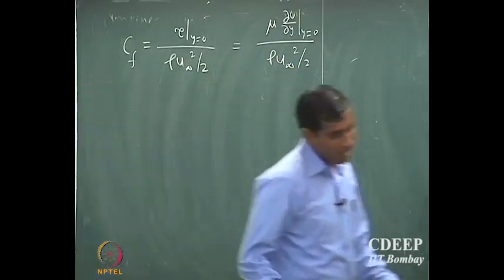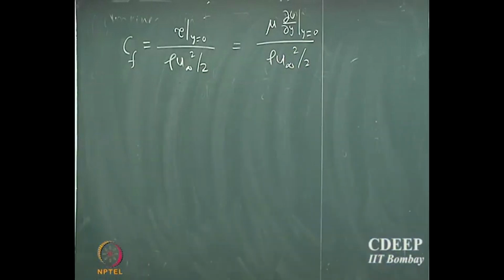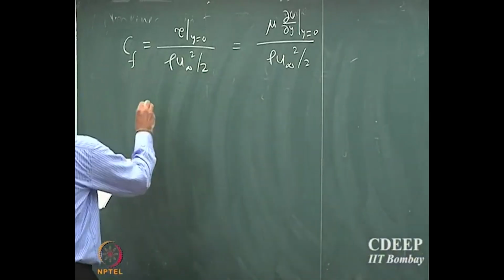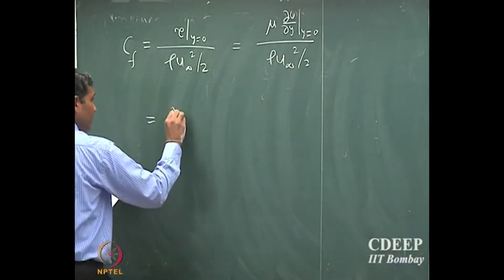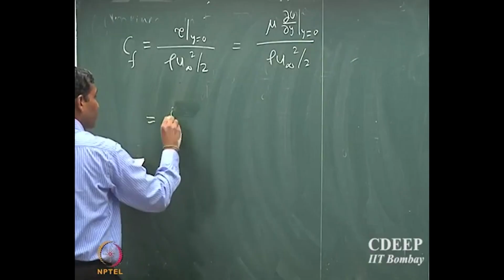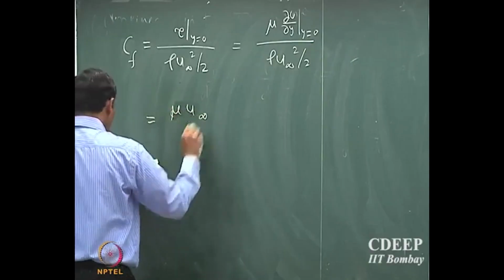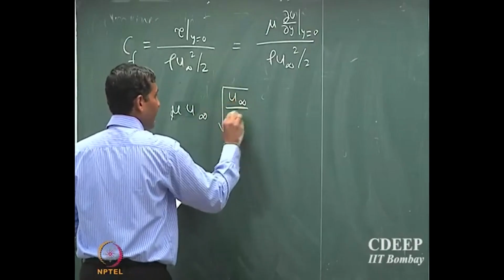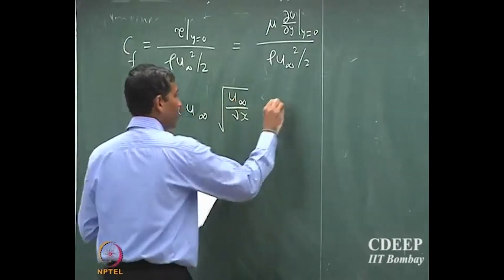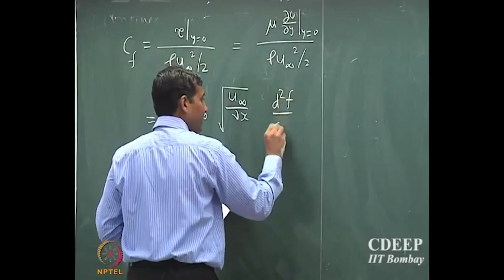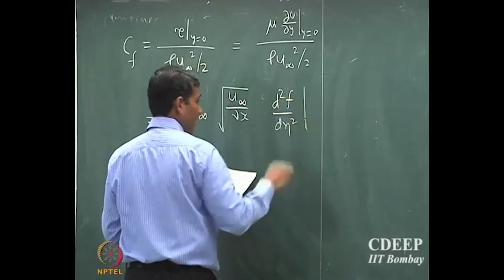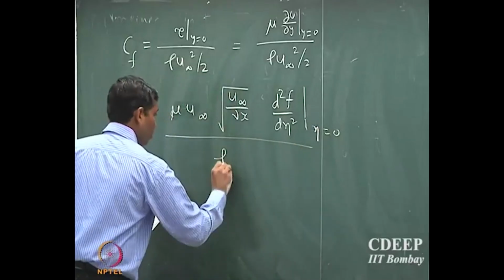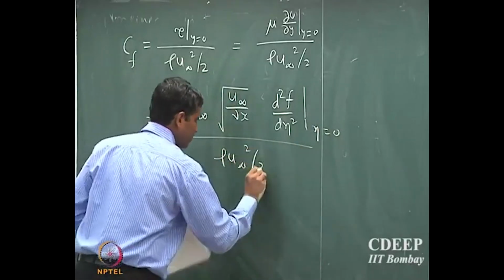So now I can calculate it in terms of my modified variables, and that will be about 0.33, so it will be mu into u infinity square root of u infinity by mu x into d square f by d eta square at eta equal to 0 divided by rho u infinity square by 2.